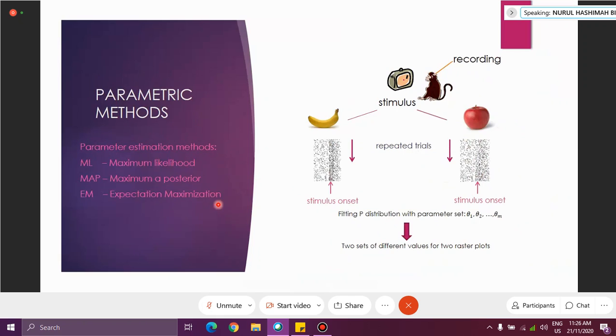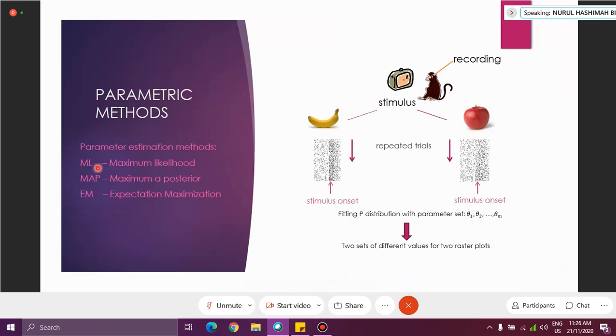That's non-parametric methods. Parametric methods are based on probability. Rather than producing firing rate over time, they come up with a probability distribution. This probability distribution is based on parameter estimation methods, which you will see in the next slide.